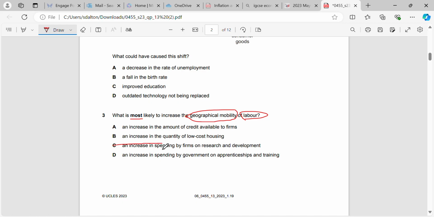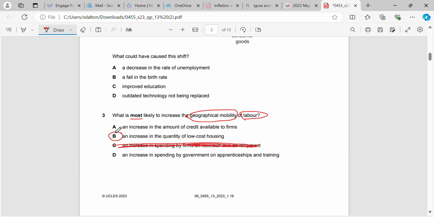Spendings by firms in research and development is not going to affect their mobility, is it? Because if a firm is spending money on developing new products, that's not going to make me or help me to move to another area. But an increase in the quantity of low-cost housing will, because I'll be able to move to areas where previously I might not have been able to afford to live or to get a house.